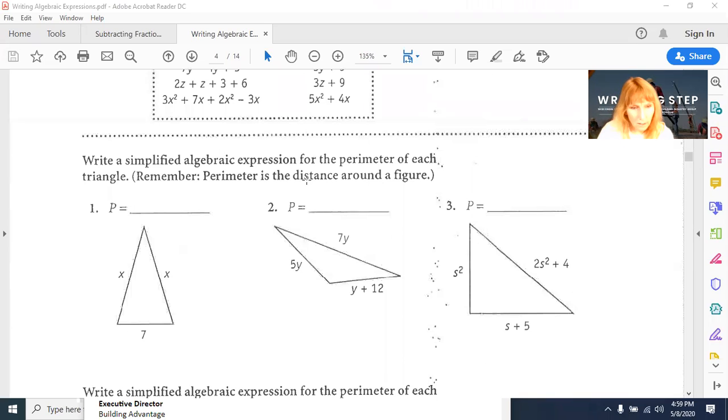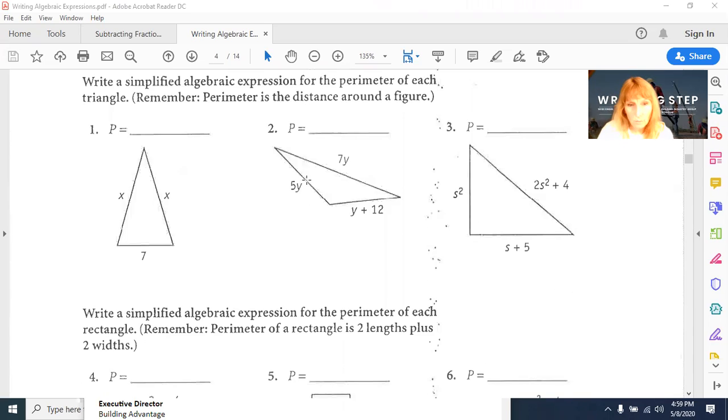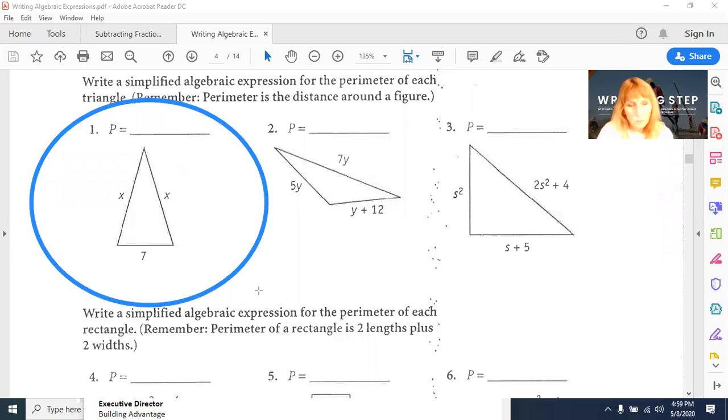So let's look at simplification with some perimeter problems. Let's look at number 1 right here. So we want to write an expression for that. Remember, perimeter is adding up all the sides going all the way around. So we have one side that's called x, we have another side that's called x, and we have the bottom of the triangle called 7.